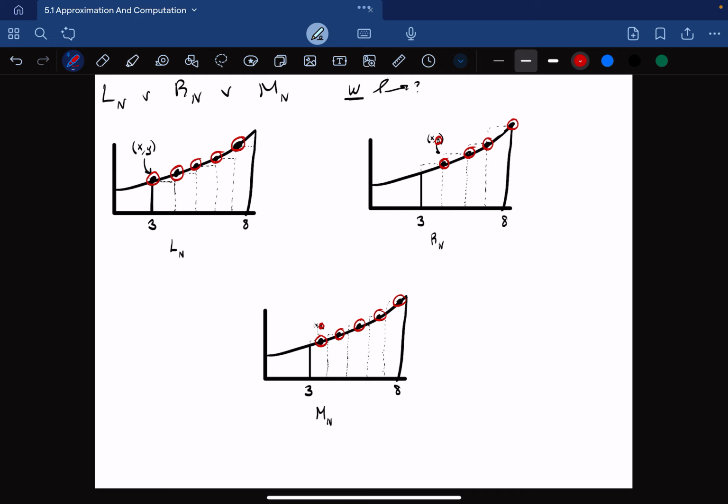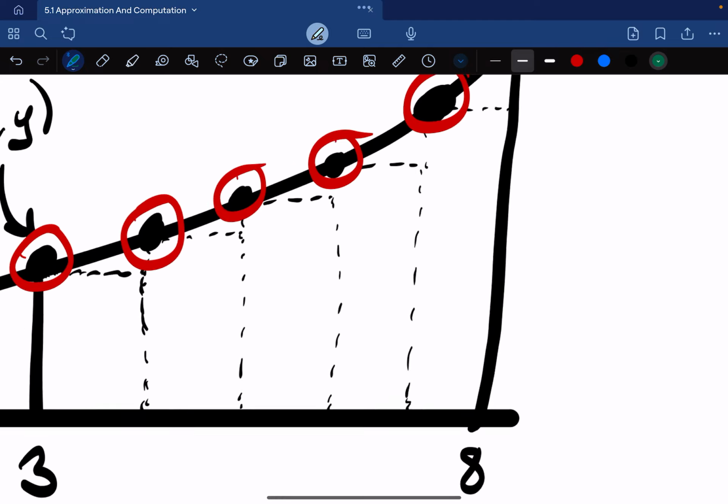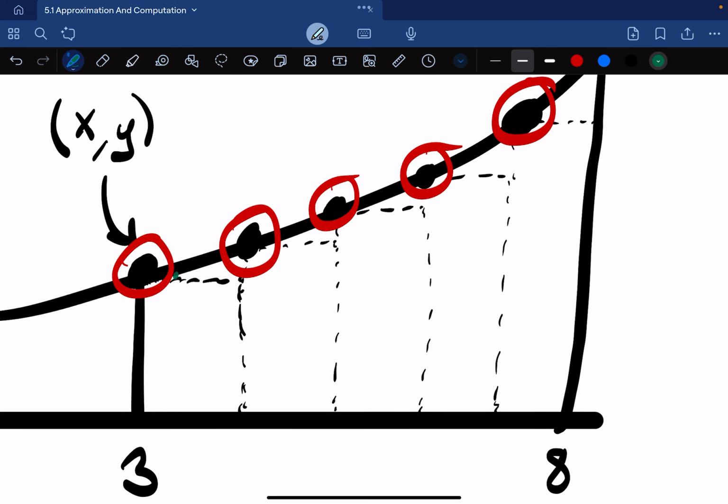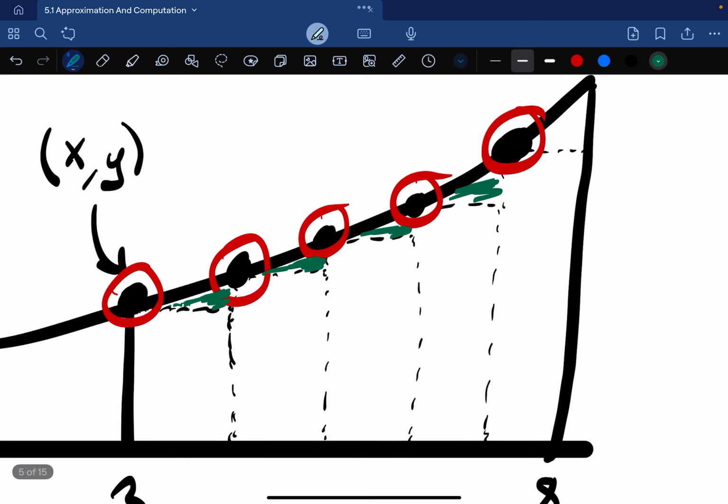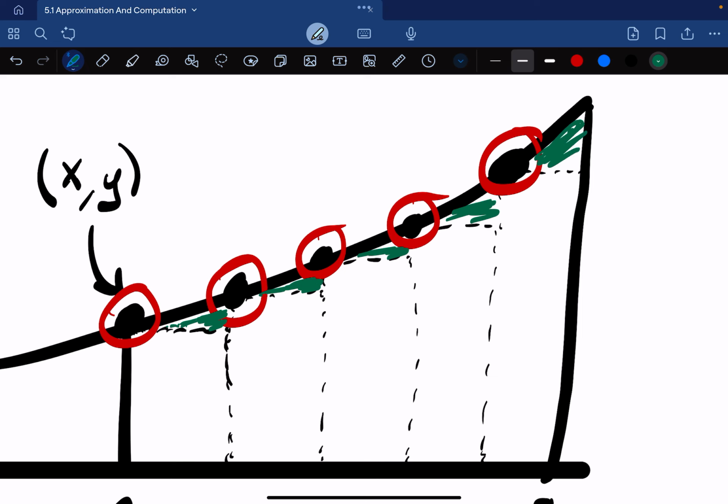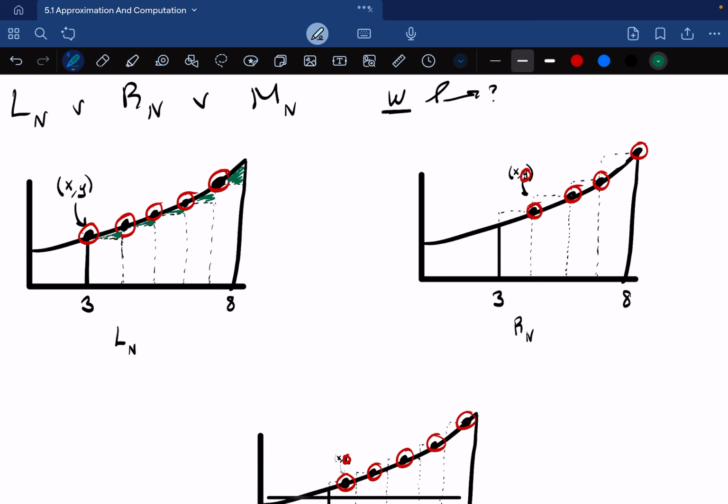Now, something I do like to point out whenever I draw these graphs is that depending on which one you choose to go with and find the height of each respective rectangle, your answer will change. So for this graph right here, as you can see, there's a little bit of area beneath the graph that each of the rectangles don't account for.